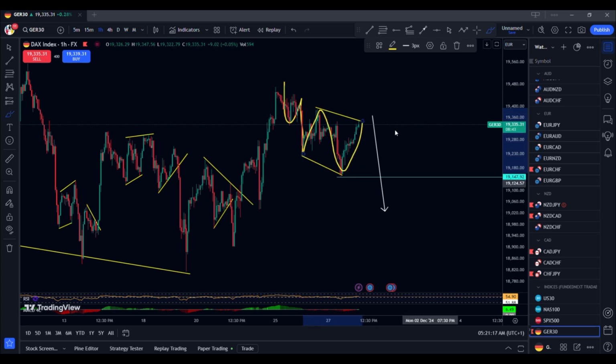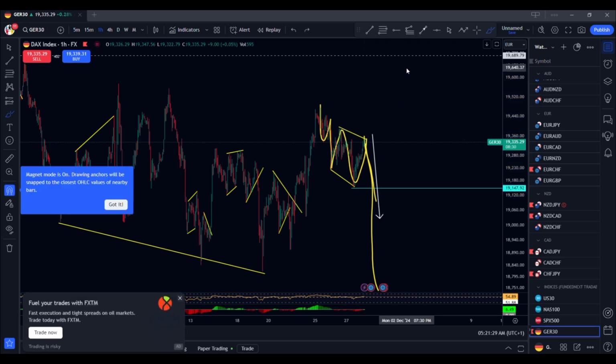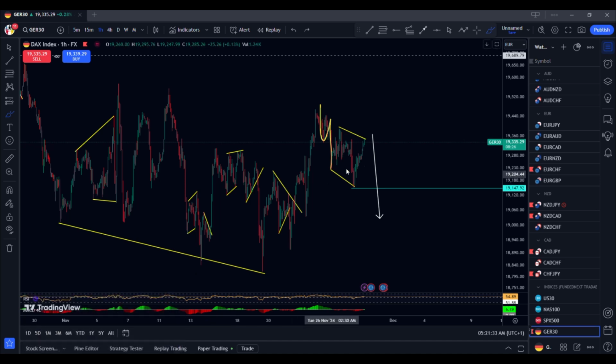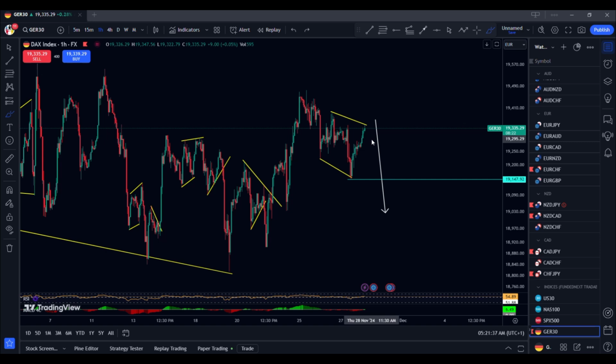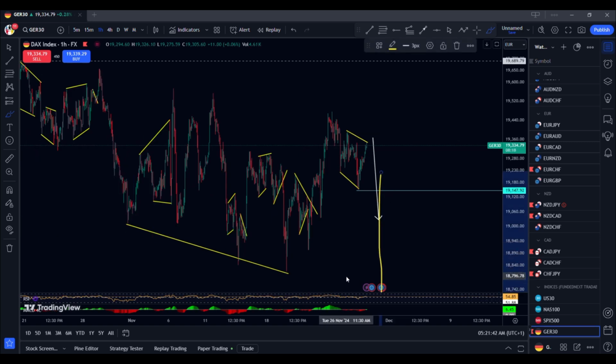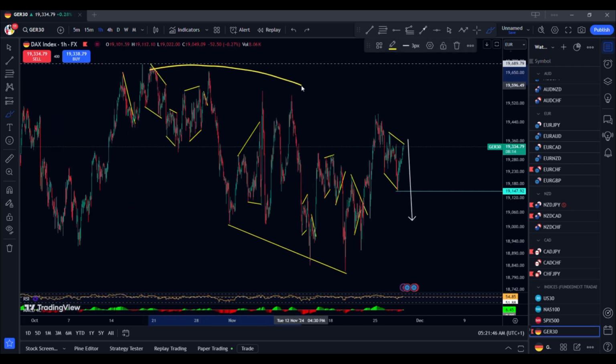So can this be the move that will come to break this low, or is it just going to come break this low and go back up? For now, we don't know, and honestly we do not know, okay, until we see confirmations that this is actually going to come break this low. We don't know.